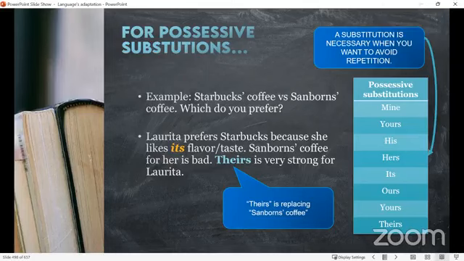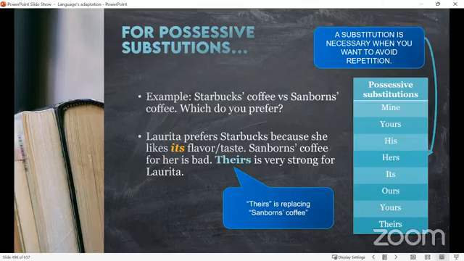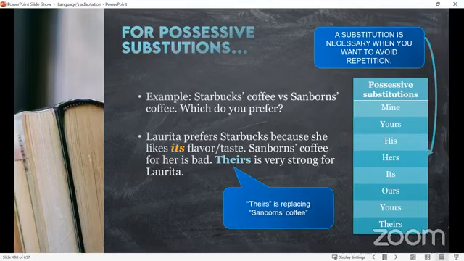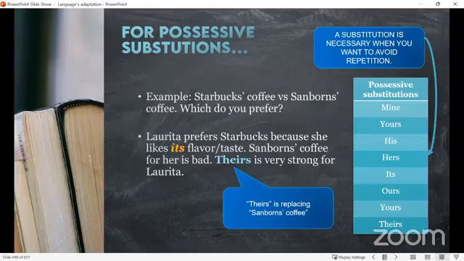I guess that we use theirs because in this sentence there is Sanborns right before. Laurita prefers Starbucks because she likes the flavor. Sanborns coffee for her is bad. Literally, Sanborns exists before in the sentence. For this reason, we use theirs.